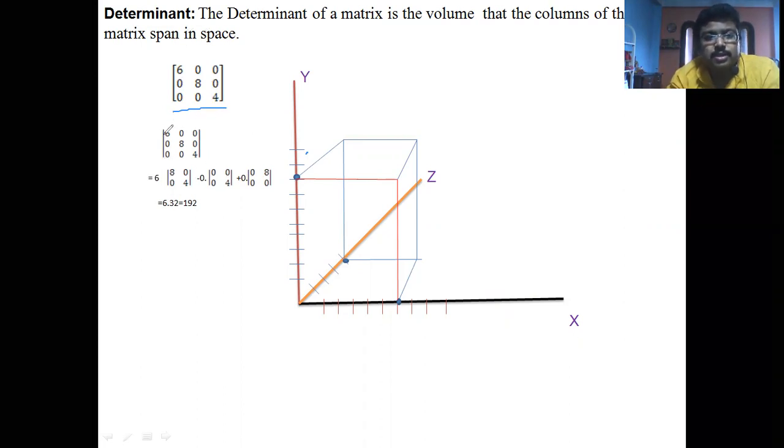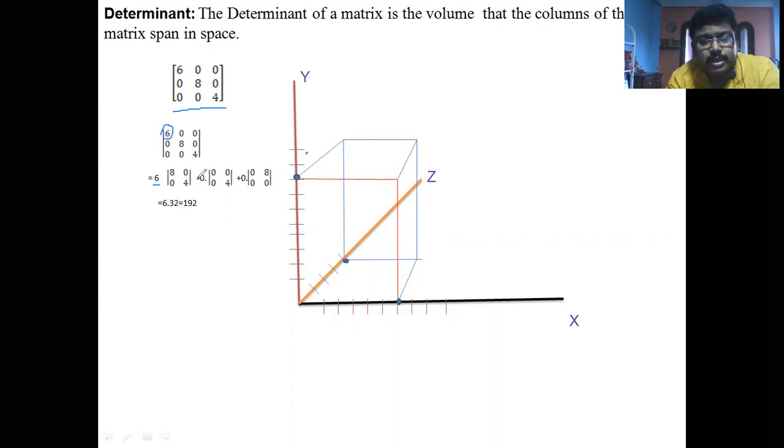Now determinant: this 6, and the remaining part is this. We cancel out this column and this row. Then we have 8004. Now there is a positive sign.